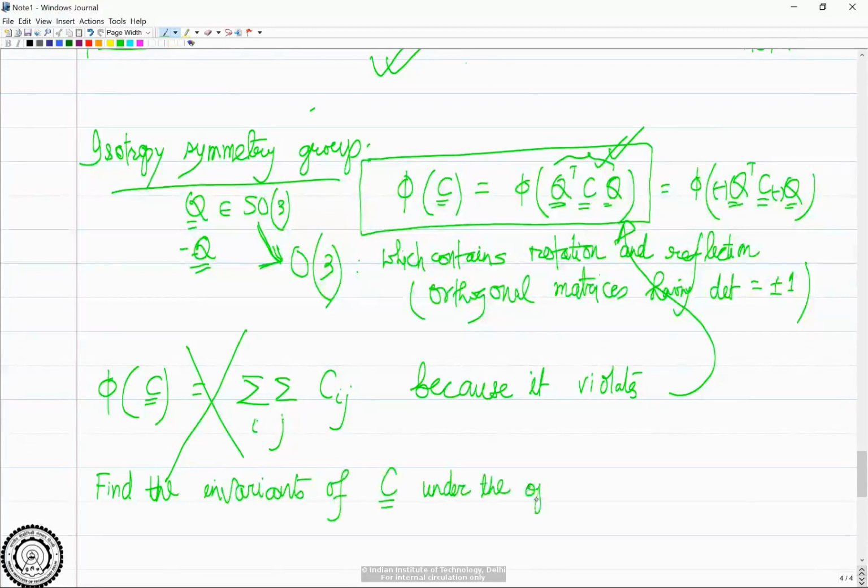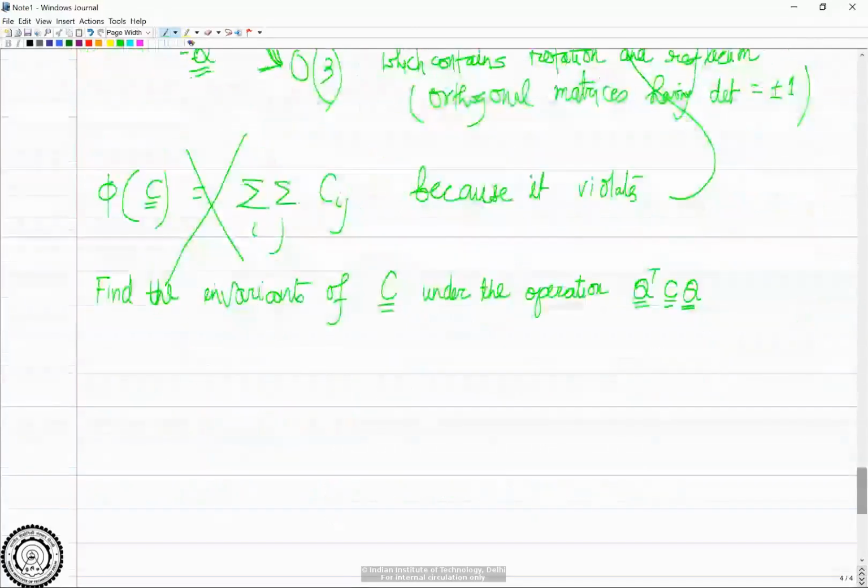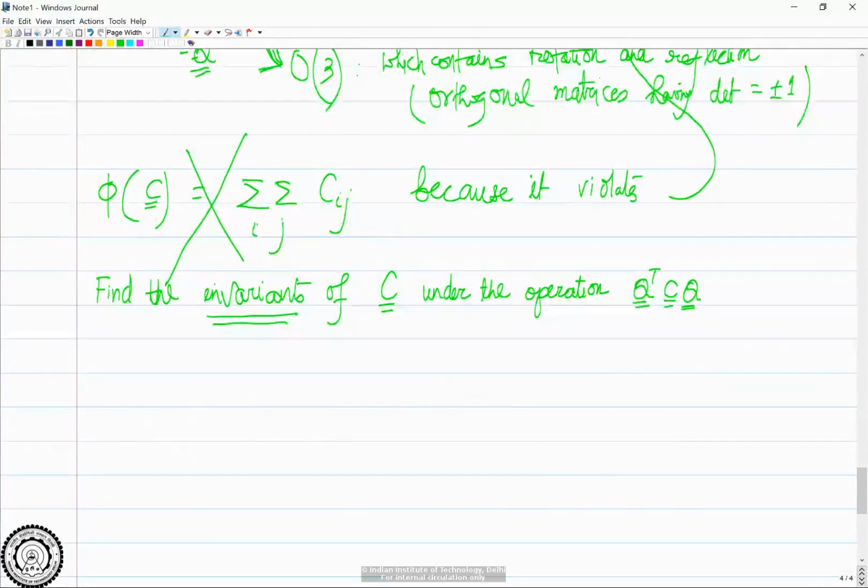Under the operation Q transpose CQ. So by invariance, I mean find out some particular combination of C which does not change even if C changes to Q transpose CQ.